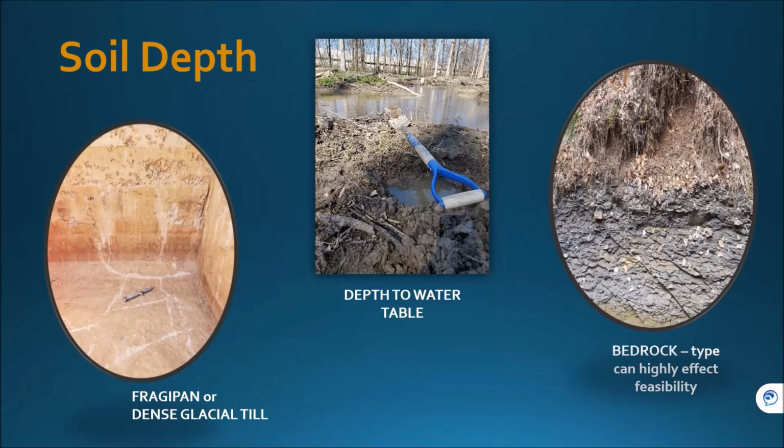Fragipans in the southern part of the state are another one that are really good at impeding water tables and perching those water tables up on top of them. Probably the big thing is, are we concerned with just the normal water table, or what you see here in this picture, the seasonal high water table that you might see on a site.